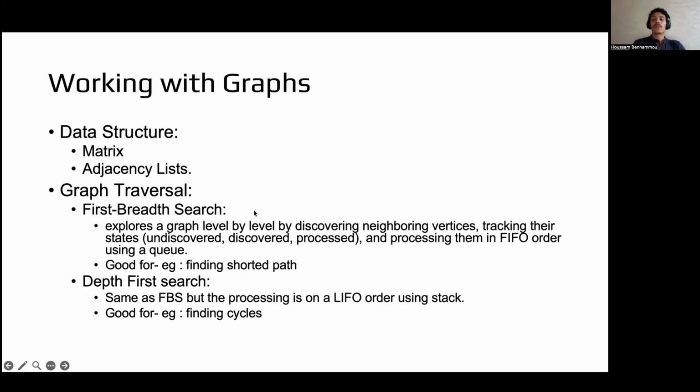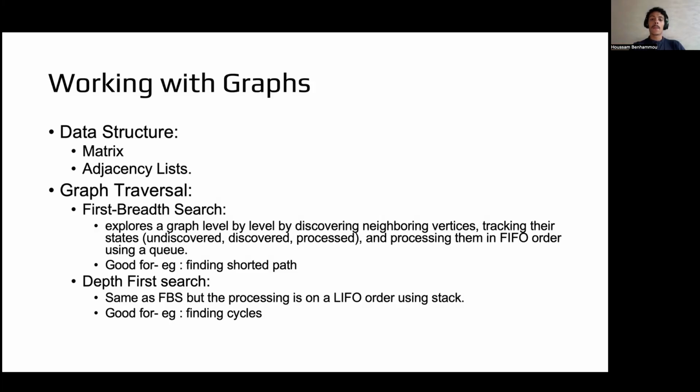How can you traverse a graph? That's a fundamental thing that you need to have throughout all the implementations of graphs. Here we have two algorithms, breadth-first search and depth-first search, which are basically a framework that we can use to implement our graph solutions.